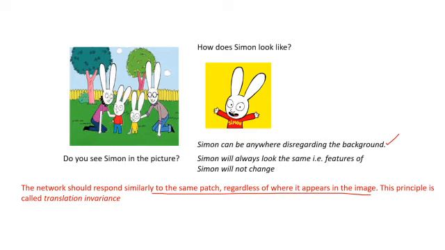I don't know. Anyway, regardless of whatever is in the background or in the vicinity of this particular patch, when your network compares this patch to this patch, the result should always be the same.